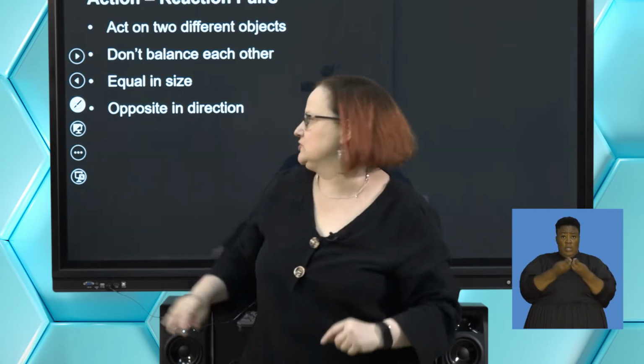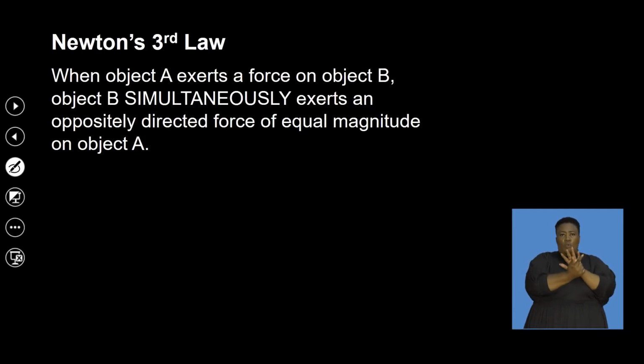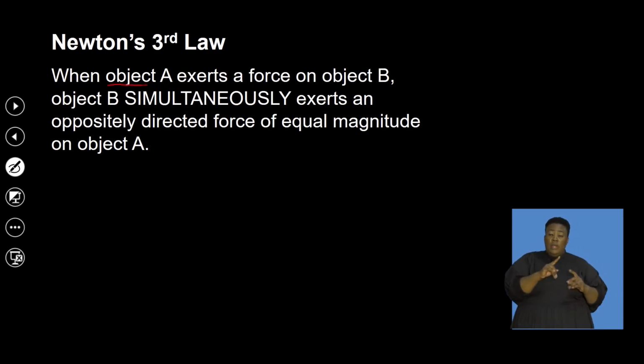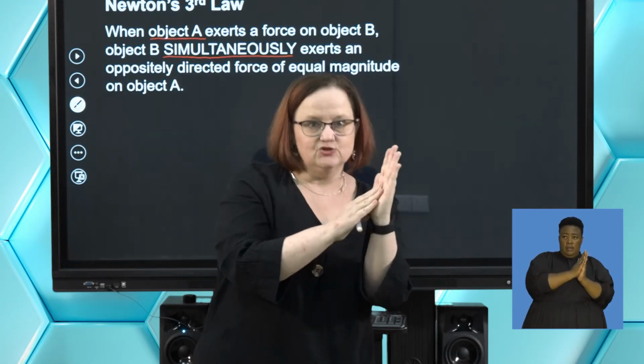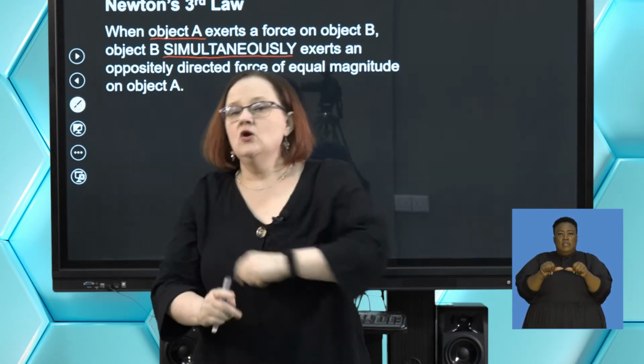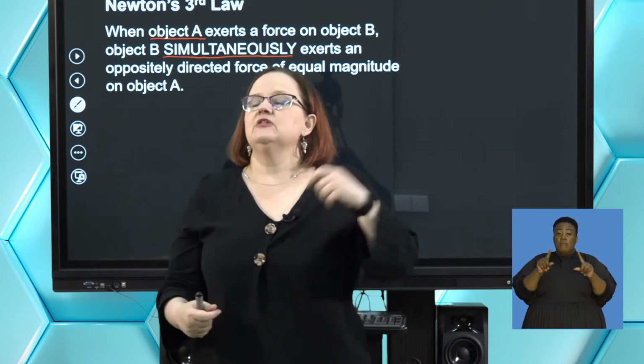Together, this gets us Newton's third law, which says, when object A acts on object B, or exerts a force on object B, simultaneously, in other words, at the same time, object B exerts an oppositely directed force of equal magnitude on object A. So if object A exerts a force on object B, object B exerts a force on object A of the same size but in the opposite direction.